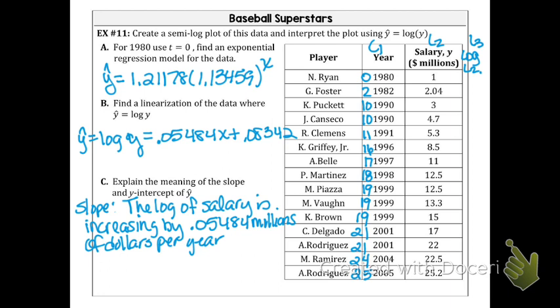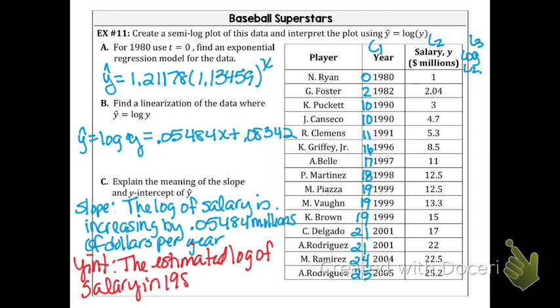All right, y-intercept. Remember, y-intercept is at year 0. So the estimated log of salary in 1980, which is our year 0, is $0.08342 million.